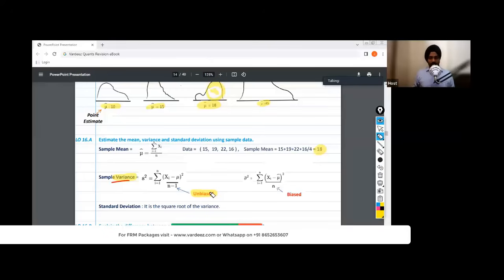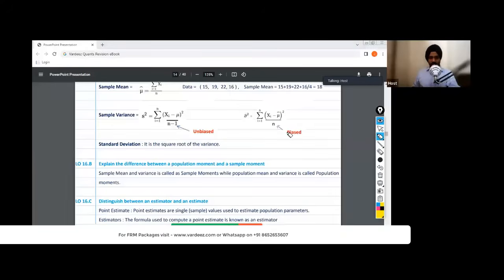That's what statistics is all about. So this calculation that I got here is known as unbiased, which is better. So on the exam, if they ask you to calculate the sample variance, take n minus 1, and you will get a wider variance, which is more reflective of your population. Is there any other version? Yes, that is known as the biased version, wherein you just have n in the denominator.